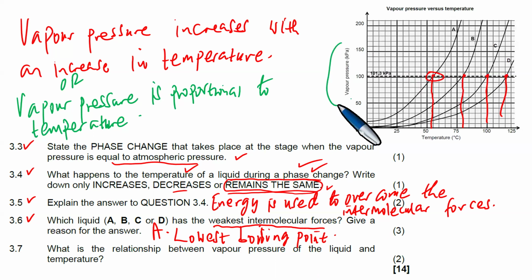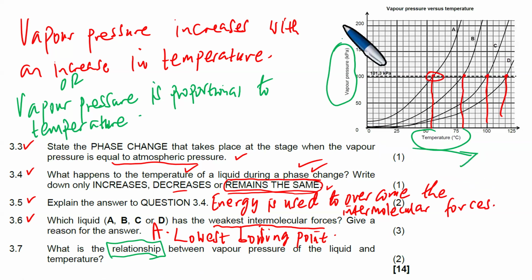Because if the graph is an increasing graph like this, when the temperature increases, the vapor pressure also increases. And that is the relationship between the vapor pressure of the liquid and temperature. Relationship means when this one increases, what happens to the other?